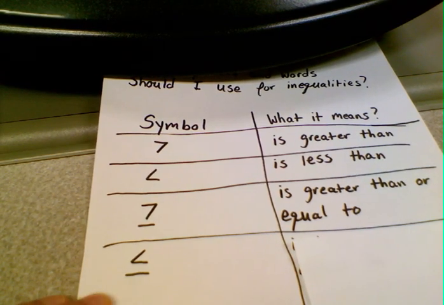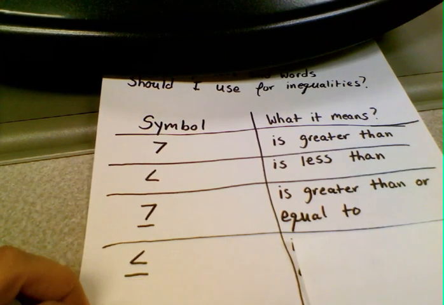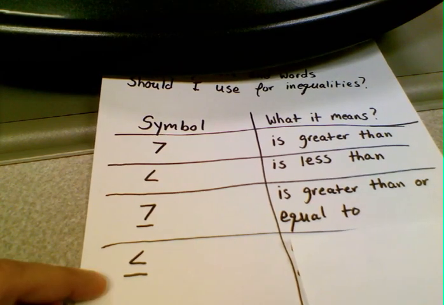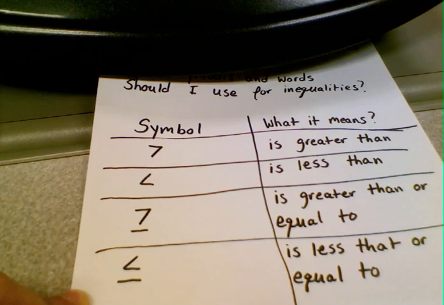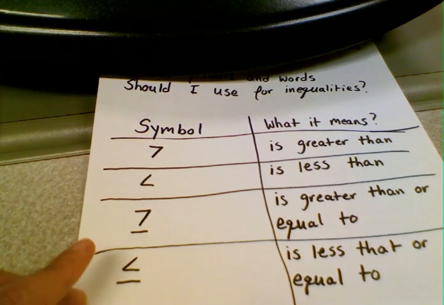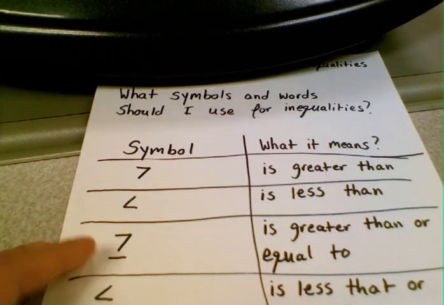And finally, the last symbol that I'm pointing to, go ahead and pause it right now and write down what it means, and you should have written is less than or equal to. So again, hopefully this is just a review for all of you. Let's go ahead and get into some examples today to help you out.